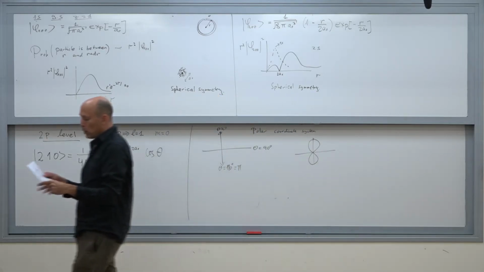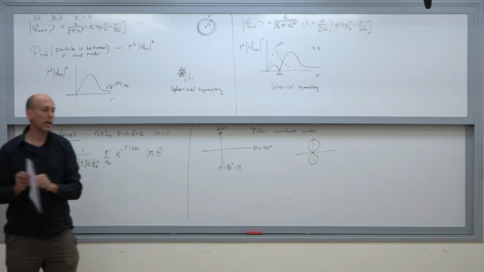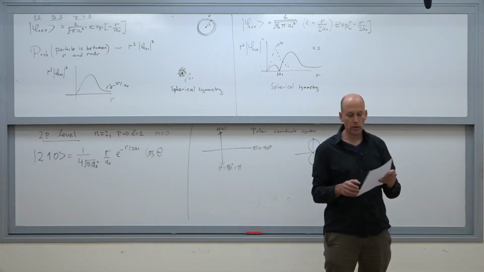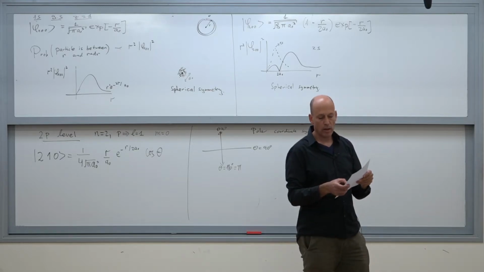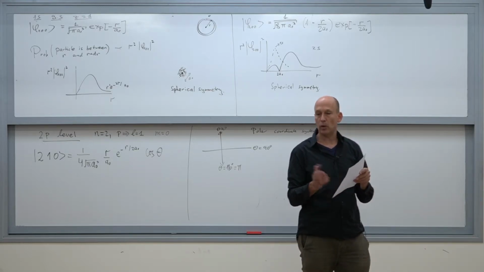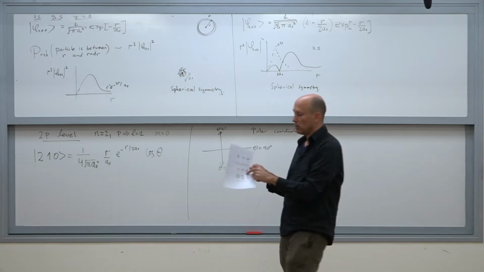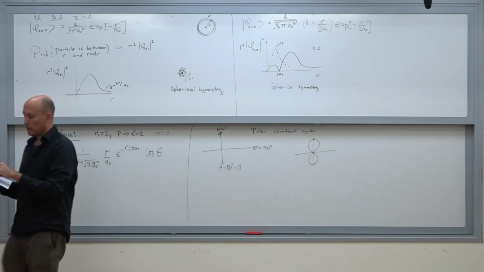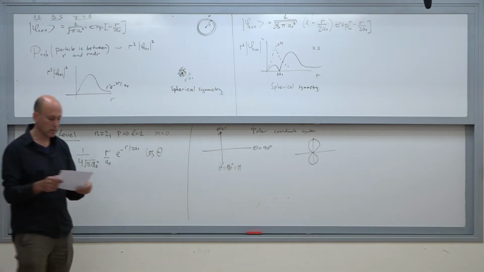But then when you plot this 2p, 2p again is l equal 1 and m equals 0, then essentially you see this 8 figure because of the cosine. But it is more complicated because you also have r dependence.